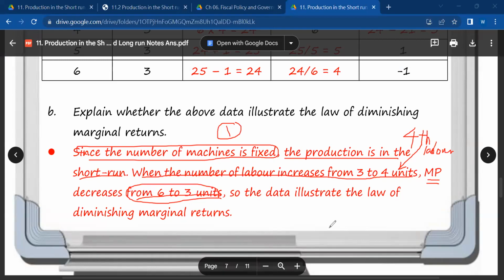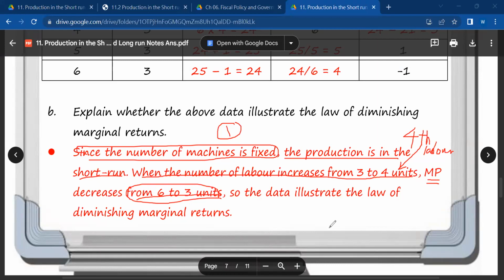And 3 marks go to the definition, and the remaining 2 marks go to whether you know when we employ the fourth neighbor. And the last mark is about the MP decreasing from what unit to what unit. Okay, so you just need to know the definition and know how to calculate the MP. You can get 5 to 6 marks in DSE. So it is a very easy question.